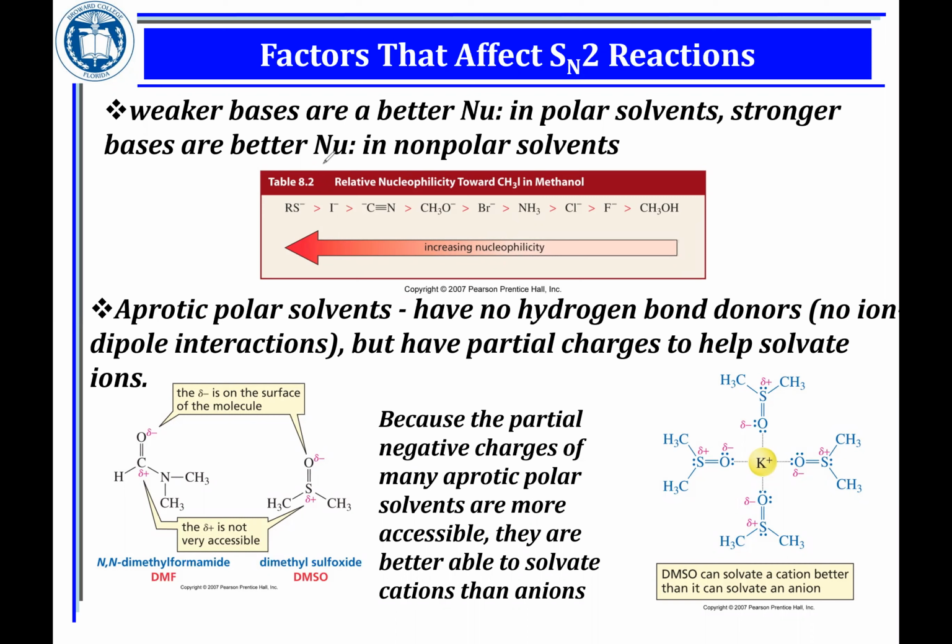If the solvent is polar, a weak base is a better nucleophile. If the solvent is non-polar, then a strong base is a better nucleophile. Because if the solvent is polar, a strong base is going to react with the solvent rather than attacking. So that's the difference.